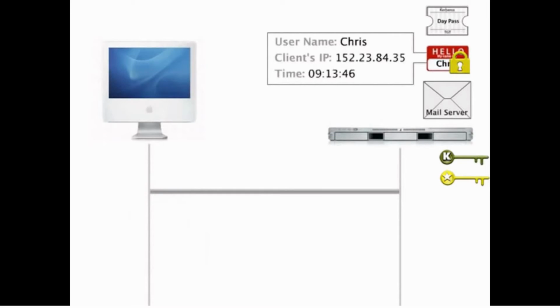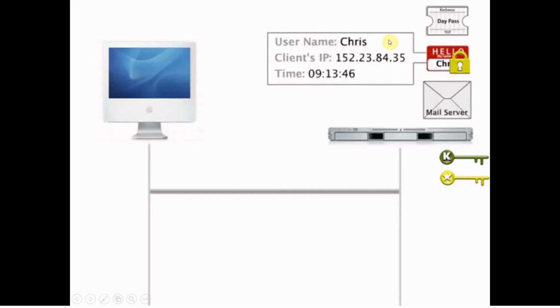Now the KDC knows that the TGT is authentic because the user doesn't have the key to decrypt the TGT. So the KDC uses its private key to open the TGT and access all the information, and it uses the current session key to open the authenticator, and it cross-references both the information from the authenticator and TGT and finds a match.